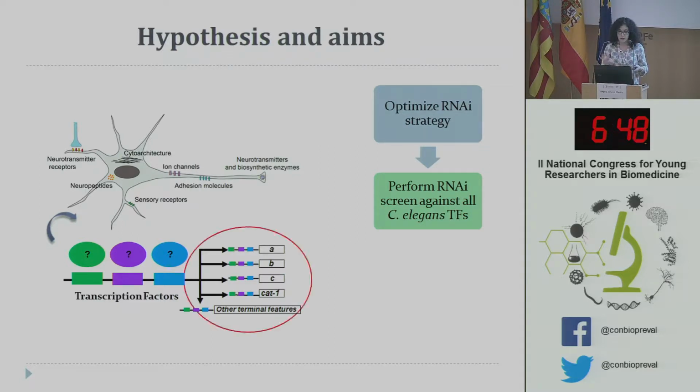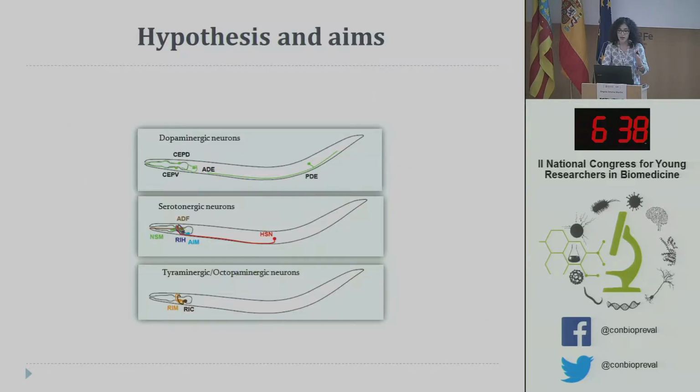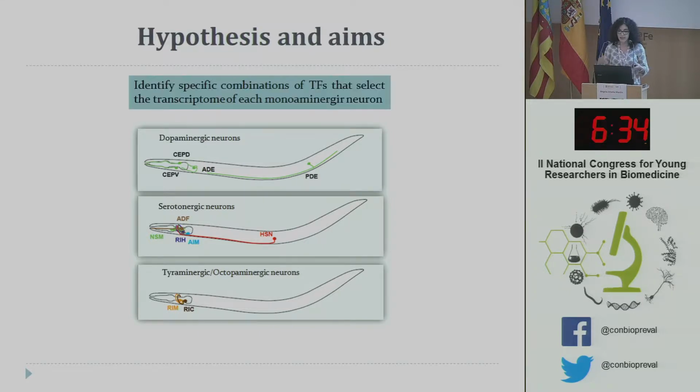So we need to validate which of those candidates are playing their role in the terminal features of the neurons. So what we finally want to do with this neuronal subpopulation is identify the specific combination of transcription factors that lead to the development of each monoaminergic neuron.